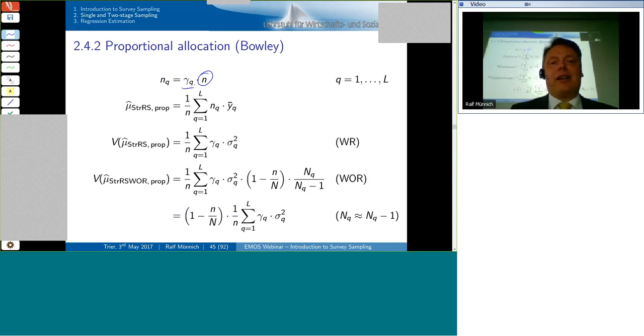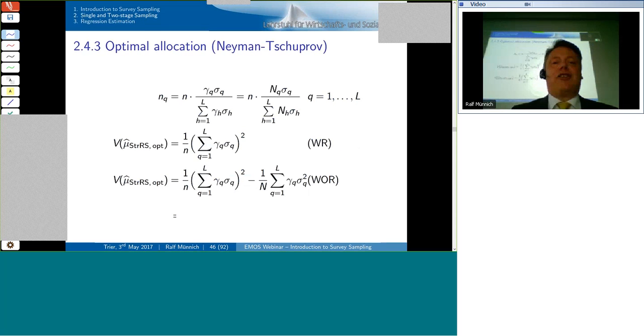What else could be done? Well, the optimal allocation. That certainly is already the solution. Now, you see here, you need certainly the standard deviations of all your strata. Well, again, where do we get that? That's the big issue. If we have that, it's nice. If we have proxies, it's very nice. But in practice, it's not so easy.